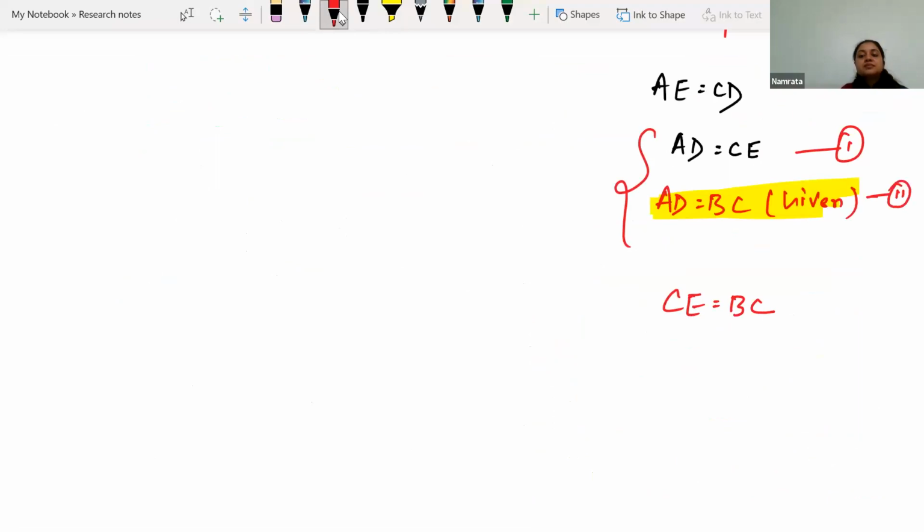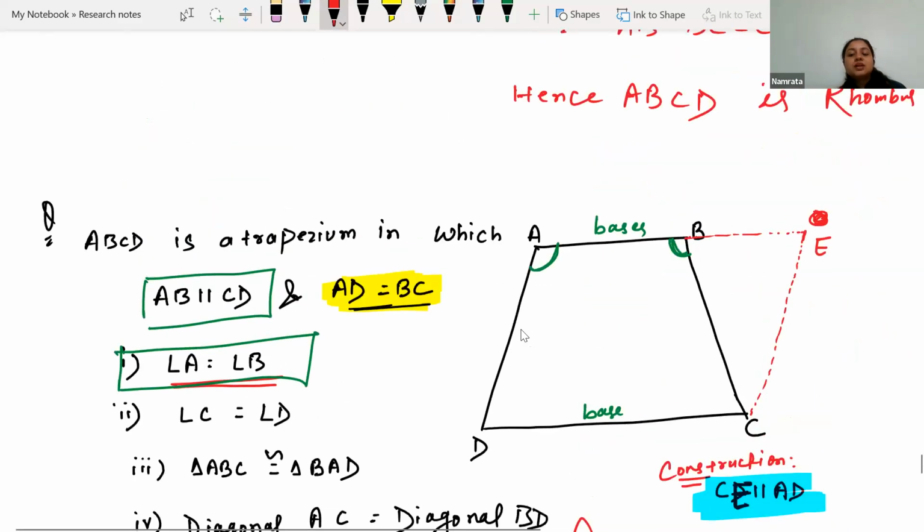Can I say from 1 and 2? Yes. CE and BC are same. Let's see what are CE, what are BC. CE side and BC are same.